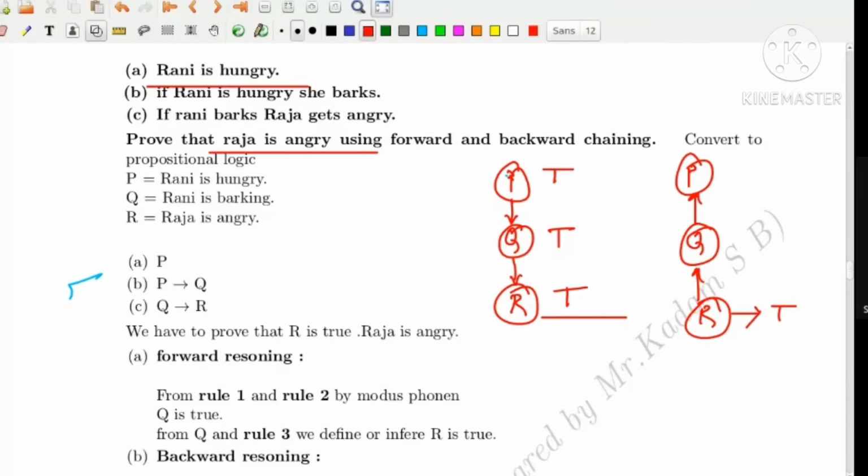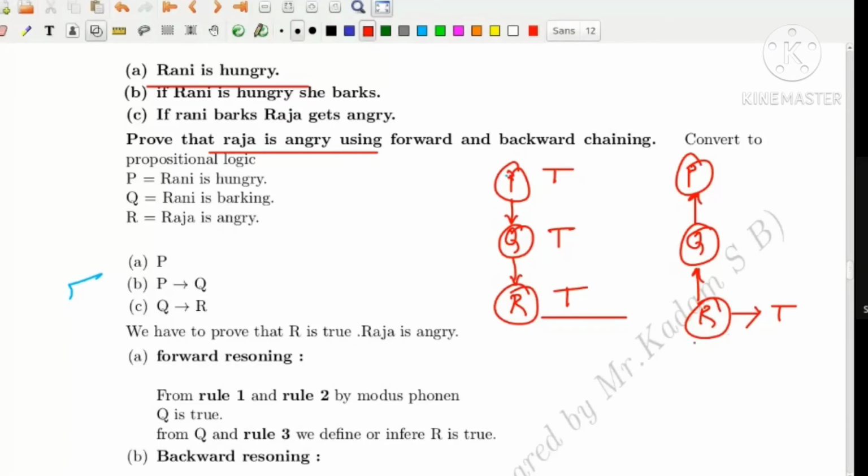I know that R has done something illegal, but I cannot prove it without getting certain clues. So in backward reasoning, I know that Raja is angry, but I cannot prove it if I do not have certain clues.